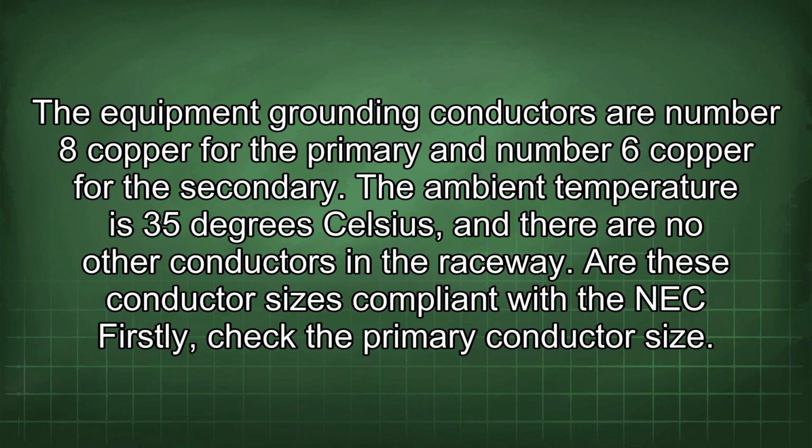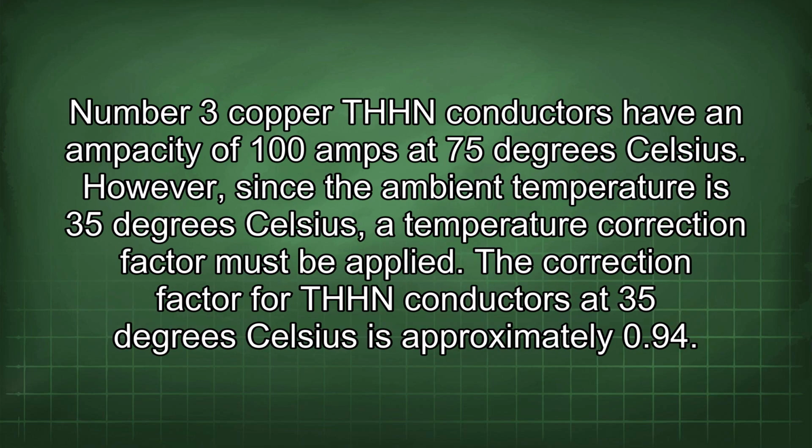Firstly, check the primary conductor size. Number 3 copper THHN conductors have an ampacity of 100 amps at 75 degrees Celsius. However, since the ambient temperature is 35 degrees Celsius, a temperature correction factor must be applied. The correction factor for THHN conductors at 35 degrees Celsius is approximately 0.94.